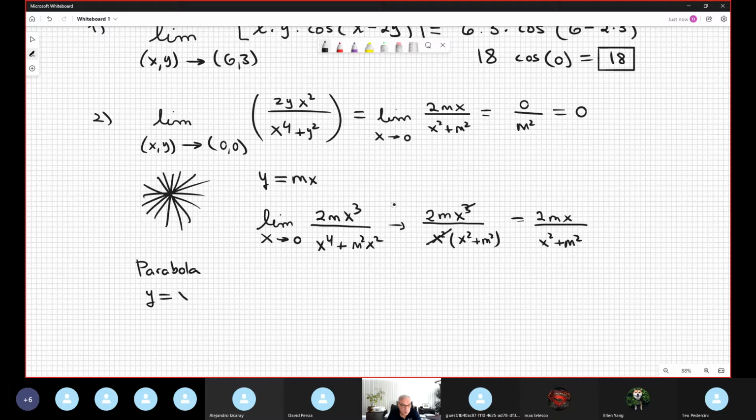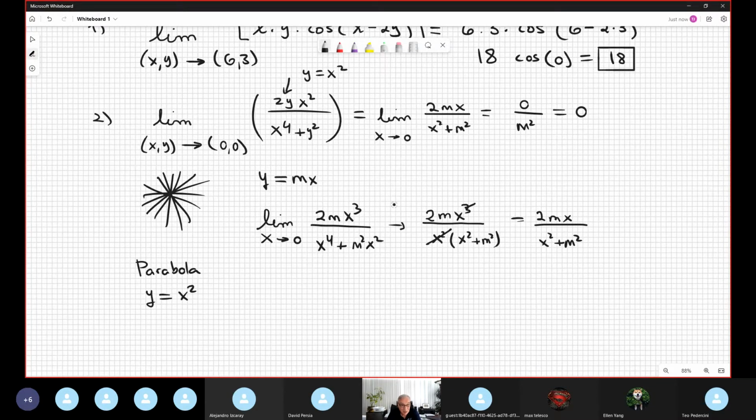Because when you replace here y by x squared, it's obvious that the degree of the numerator is 4, 2 plus 2. And when you replace here x squared, double square is 4. Degree 4, degree 4. This is important to keep in mind.